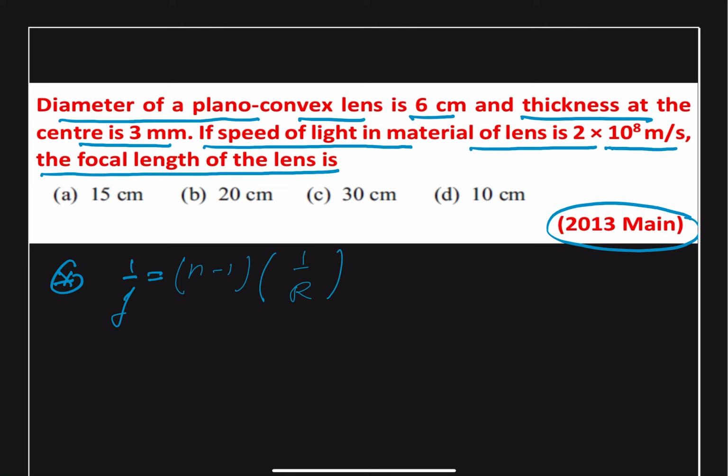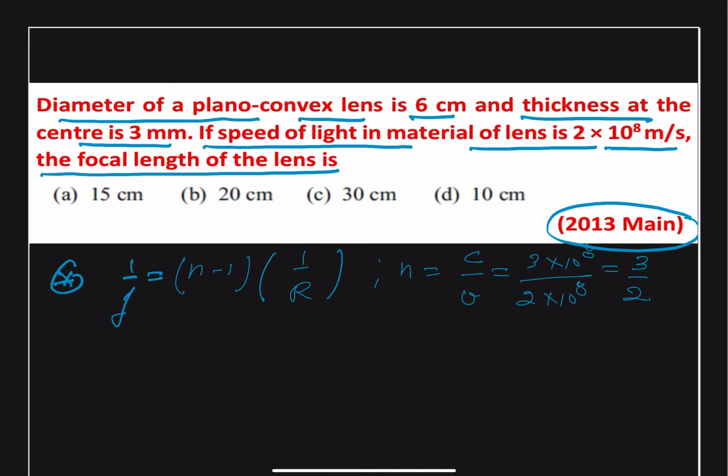First of all, we are going to find the refractive index n, which is the ratio of the speed of light to the velocity of light in the material, that is c upon v. C we know is 3 into 10 to the power 8, and v is given as 2 into 10 to the power 8. The refractive index comes as 3 by 2.